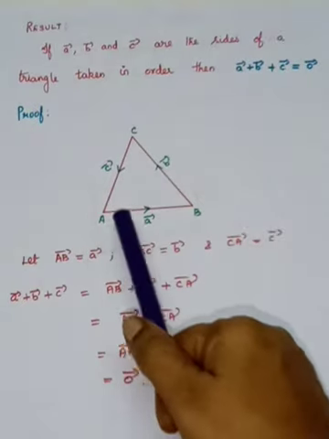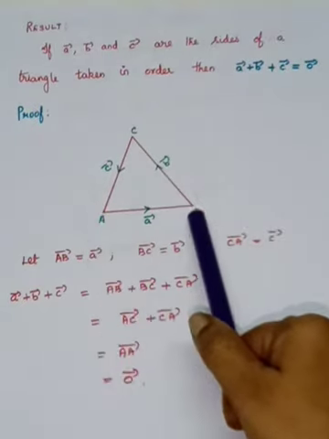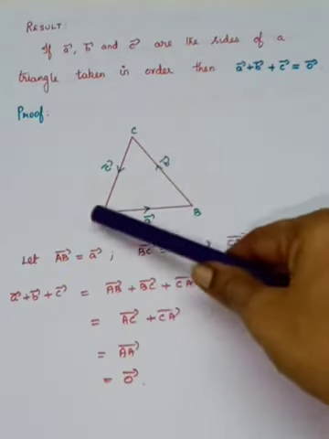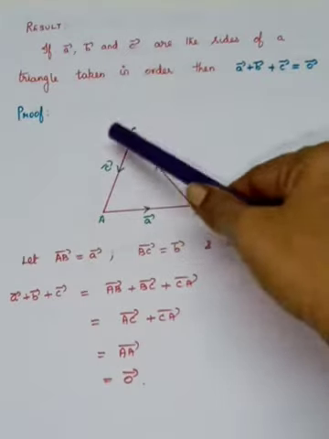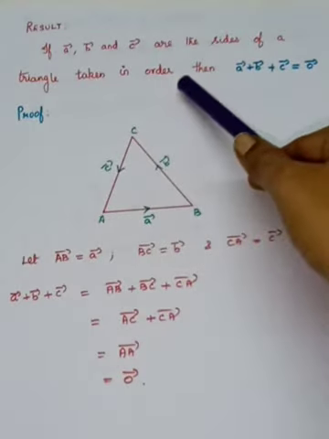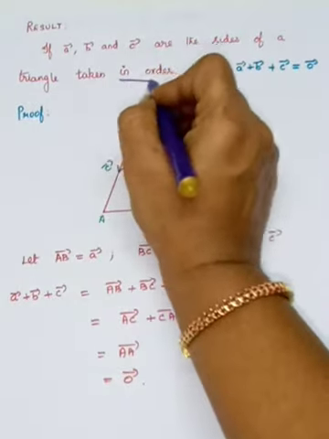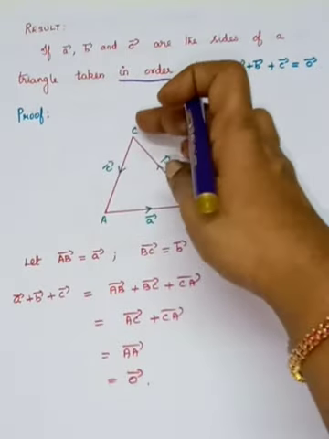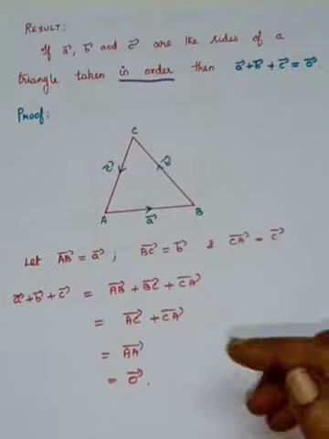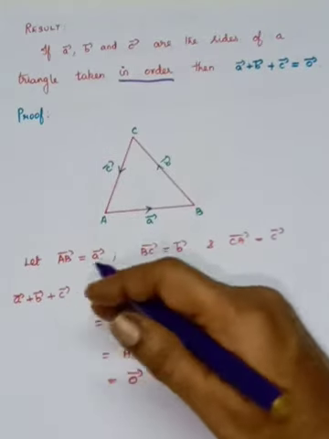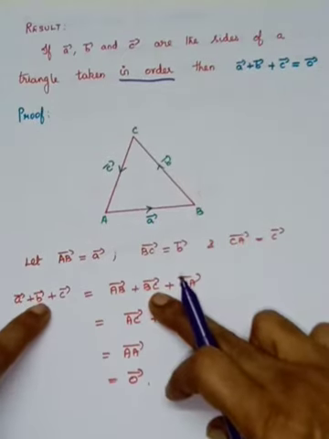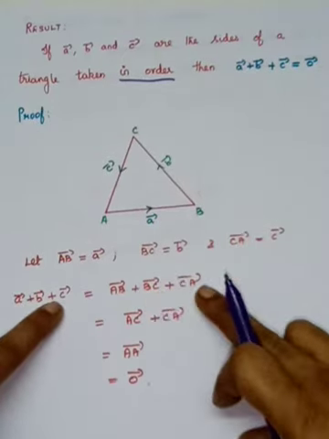Take AB vector as A vector, BC vector as B vector and CA vector as C vector. Why is it taken so? Because the three vectors are taken in the same order. So we have to add all three vectors: AB vector plus BC vector plus CA vector.